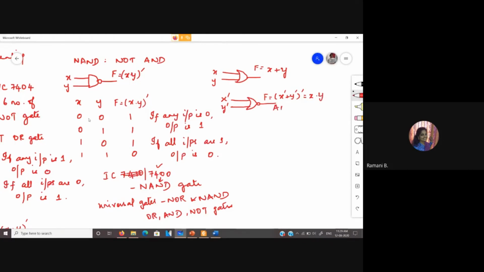This is AND operation. For NOT operation, what you will do is you will be giving a single input to both the inputs. So if this is x, the output will be x bar. So this will be NOT operation.